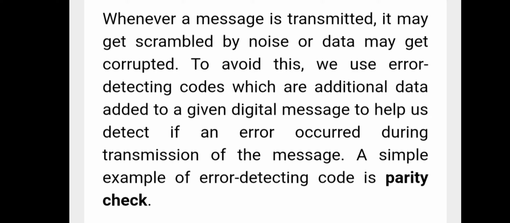So for the purpose of detecting these errors, we use an error detecting method called parity check. By using this we can identify whether the message sent by the sender and received by the receiver are both equal, then we say that this is the original message.